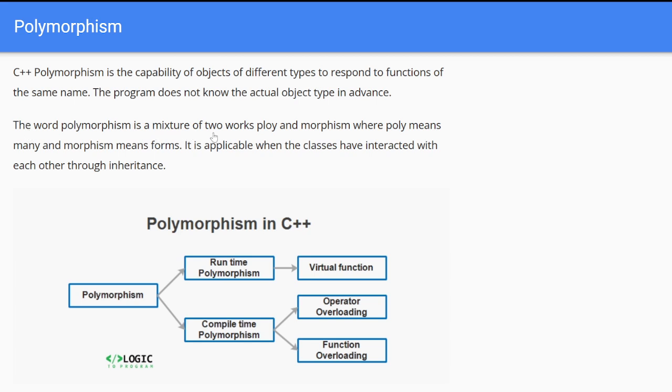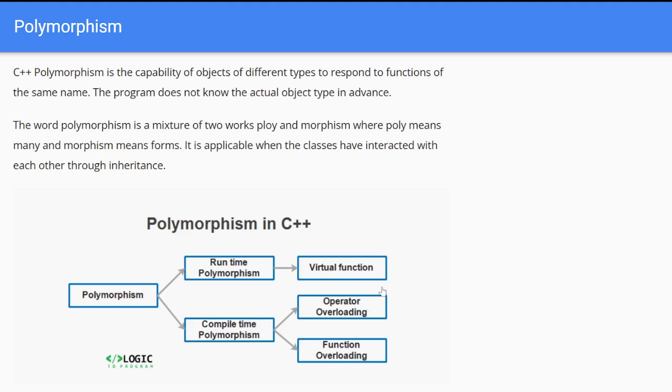Two words, poly and morphism. Poly means many, that's what I was forgetting. So poly means many and morphism means forms. So many forms. In programming terms, polymorphism can be runtime or compile time. Runtime is when the program is running, and compile time is when you're compiling your program after writing the code.